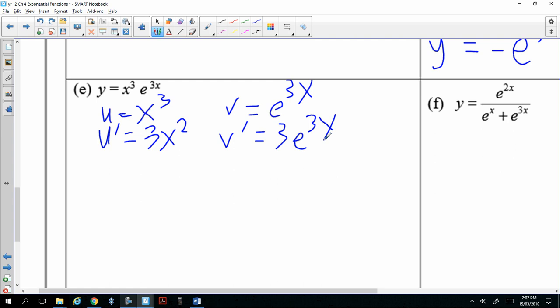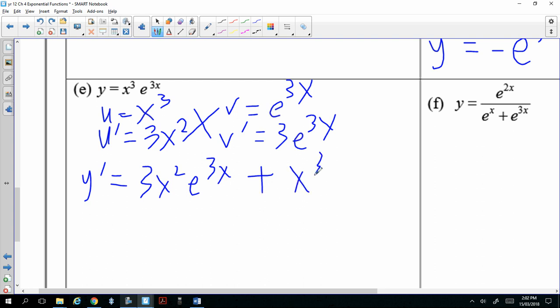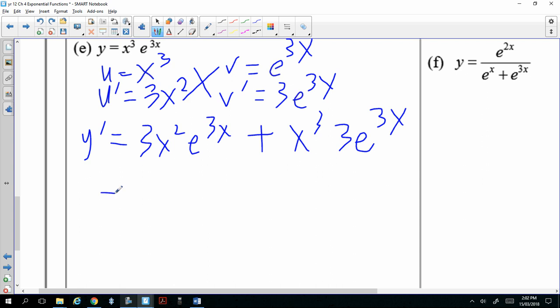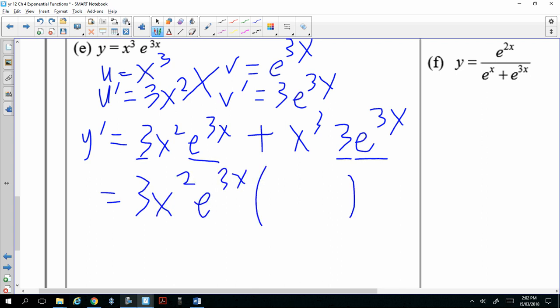And you cross multiply, so u dash v, you get 3x squared e to the power 3x plus u v dash, x cubed times 3 e to the power 3x. You will notice that there is a common factor of e to the power 3x as well as the 3. So you take the 3 out and the x squared, e to the power 3x, and you're left with 1 plus x. Yep.